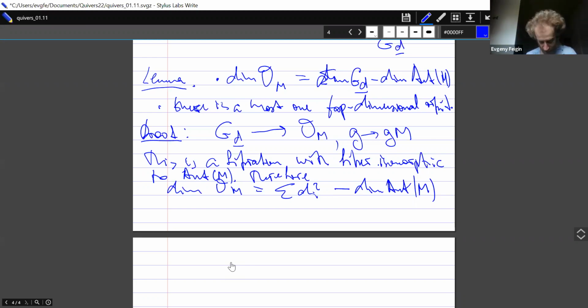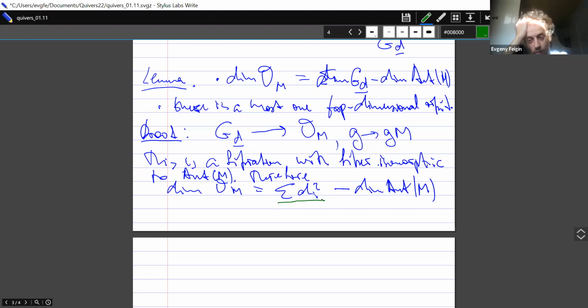So we know that the dimension of the orbit is some concrete number, the sum of d_i squared minus the dimension of the automorphism group. So in particular, this means that the smaller the automorphism group is, the larger is the orbit, and vice versa. If the automorphism group is very large, then the orbit is very small. However, we might want to look at the top dimensional orbits, the most likely showing up isomorphism classes of representations.